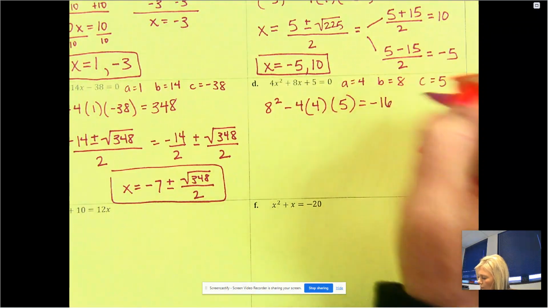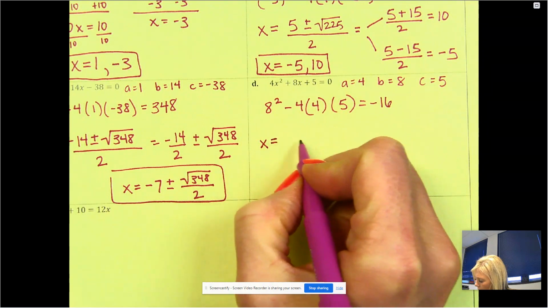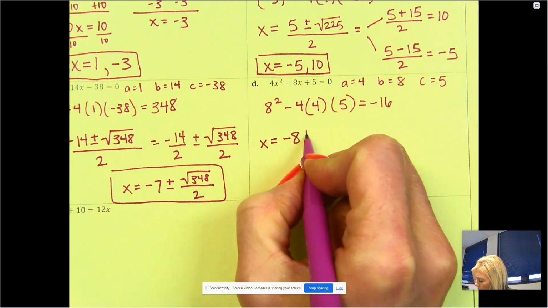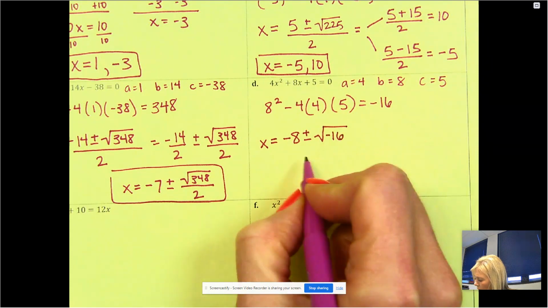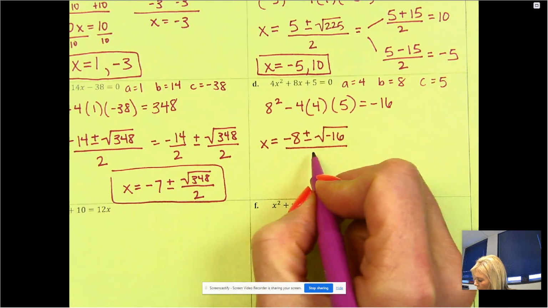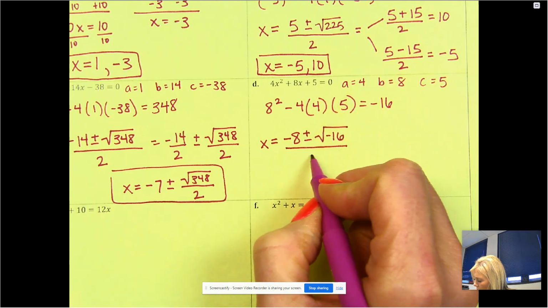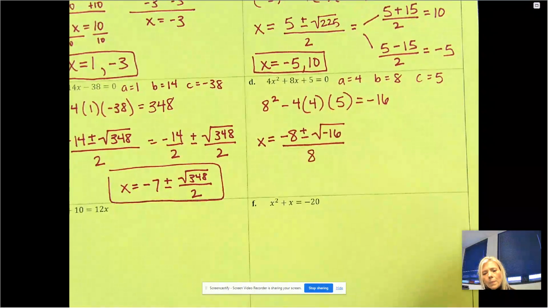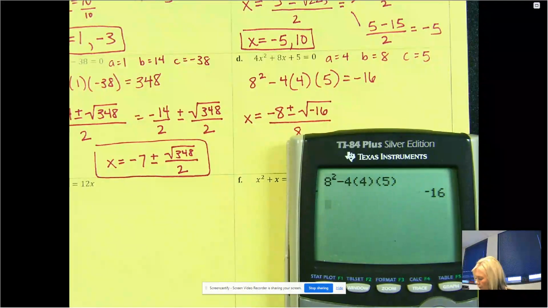All right, so x equals negative b plus or minus the square root of negative 16 over 2a. 2 times 4 is 8. Okay? Now I know 16 is a perfect square.